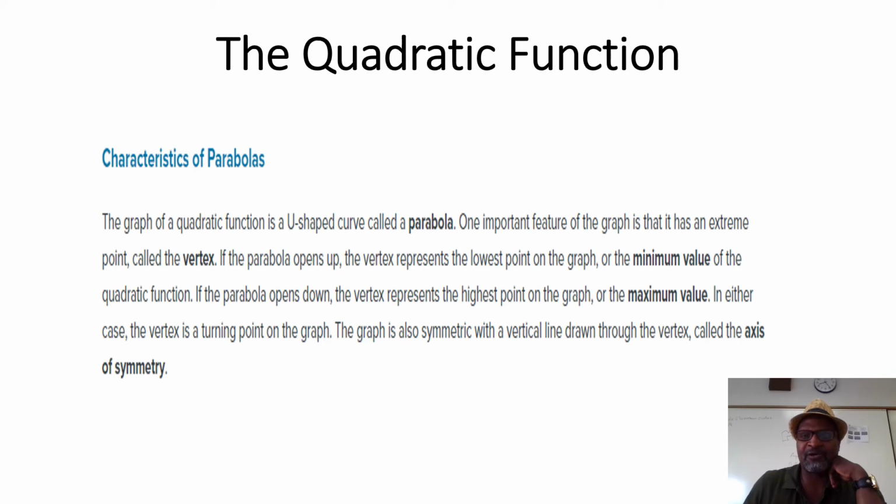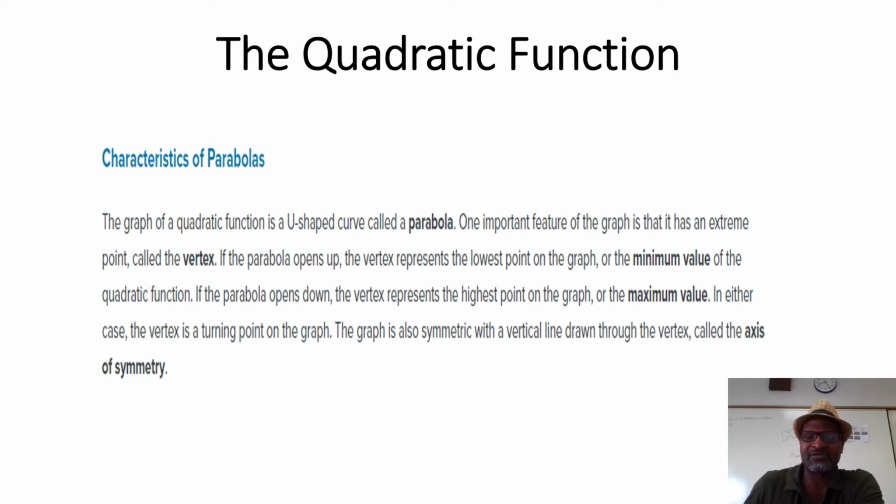If the parabola opens up, the vertex represents the lowest point on the graph, or the minimum value of the graph of the quadratic function. If the parabola opens downward, the vertex represents the highest point on the graph, the maximum value. In either case, the vertex is a turning point on the graph. The graph is also symmetric with a vertical line drawn through the vertex called the axis of symmetry.